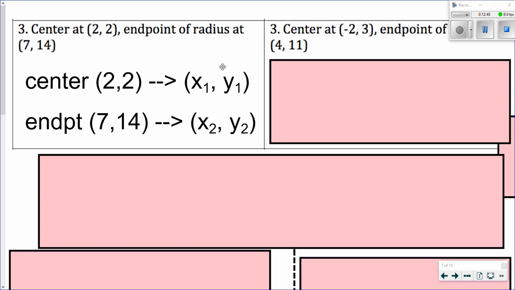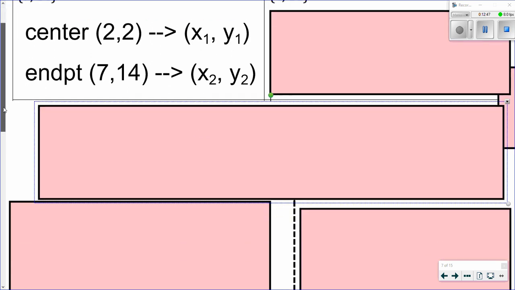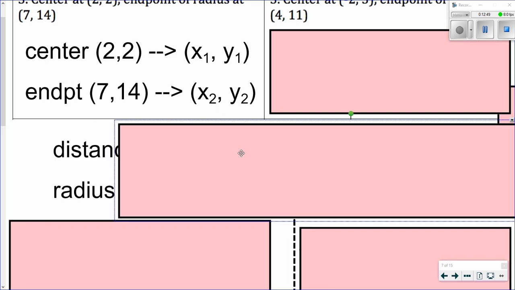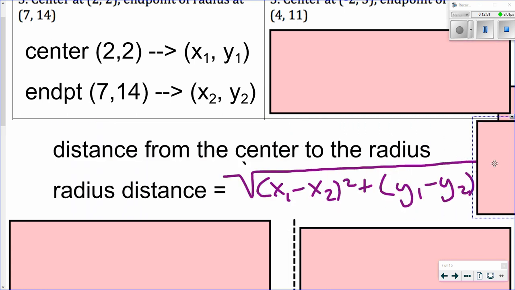And we need to find the radius based on that circle equation. That's where we need to use the distance formula. This is the distance from the center to the endpoint, so the radius distance is this.